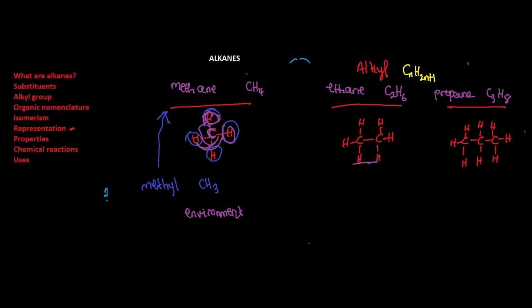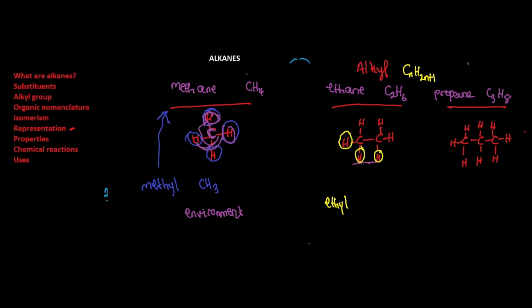Now let's take a look at ethane. For ethane, we have 6 hydrogen atoms. No matter the hydrogen atom that is removed, be it this, or this, ethane would always form ethyl.